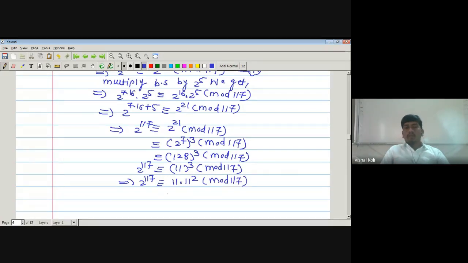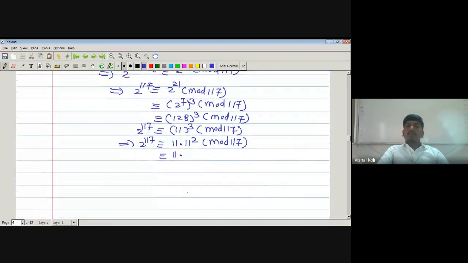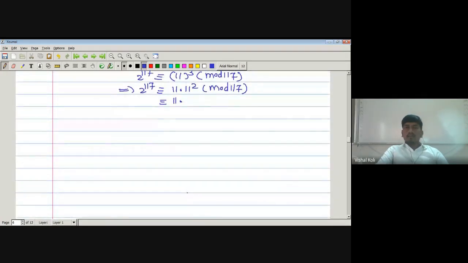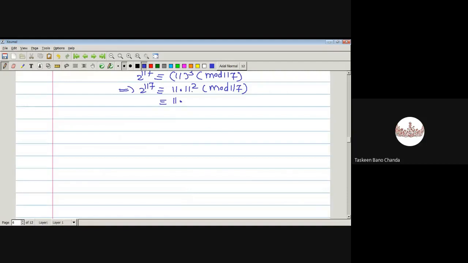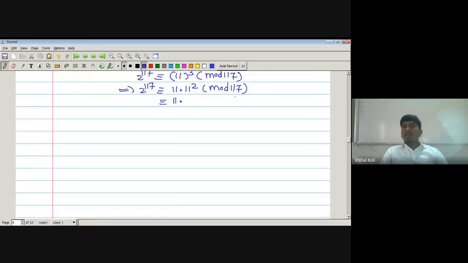Now, what is the value of 11 squared modulo 117? 11 squared will be 121, and 121 divided by 117, the remainder will be 4 modulo 117, which implies 2 to the power 117 is congruent to 11 into 4, which is 44 modulo 117.